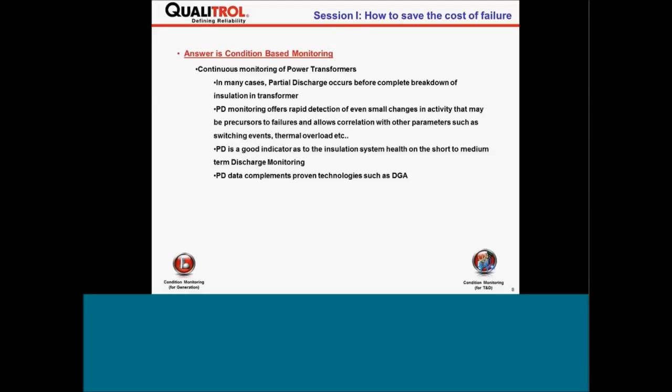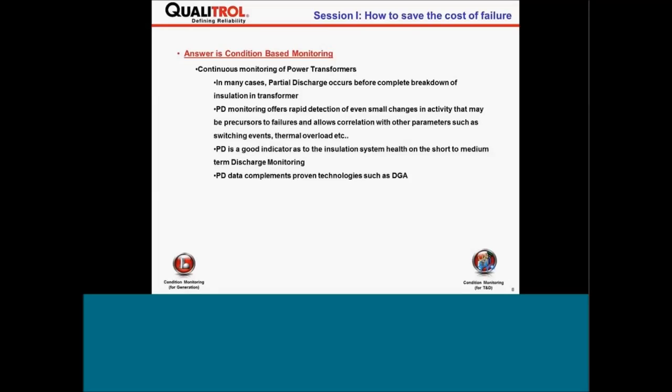Applying a PD monitoring system gives you a very early warning that changes are happening inside the transformer, and with long-term trend monitoring, or if need be, almost immediate action, can be taken to stop any catastrophic failure of the transformer.